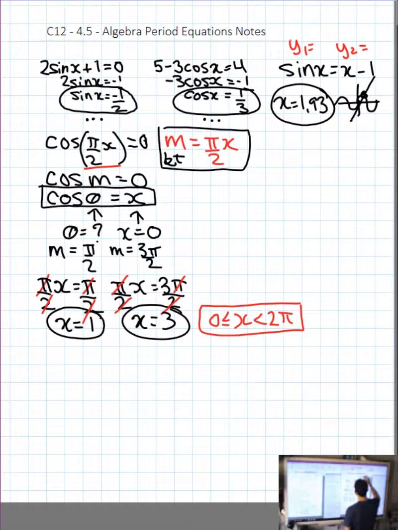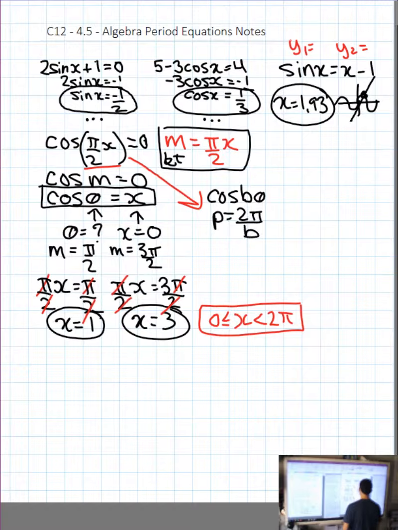If I remember, the formula is sine b theta, so it's cos b theta. I need that b value because the period p is equal to 2 pi divided by b. My b value is that, so I'm going to cross this off and put it down below.